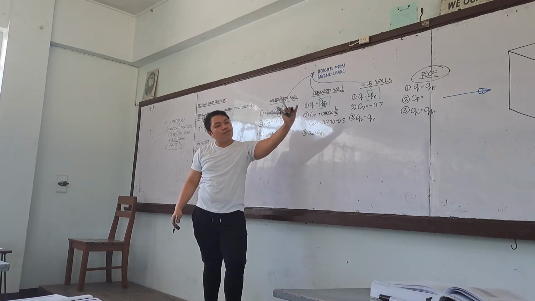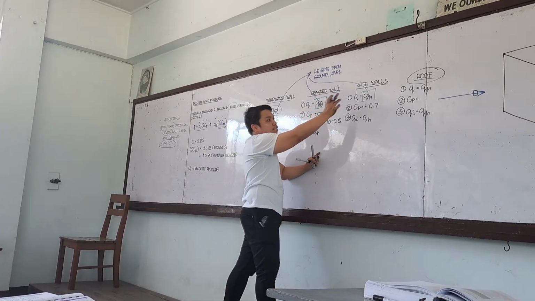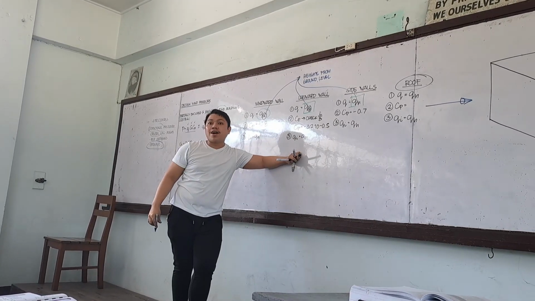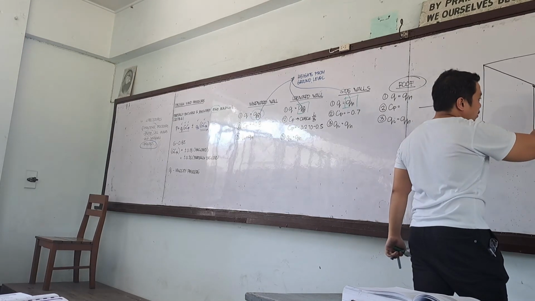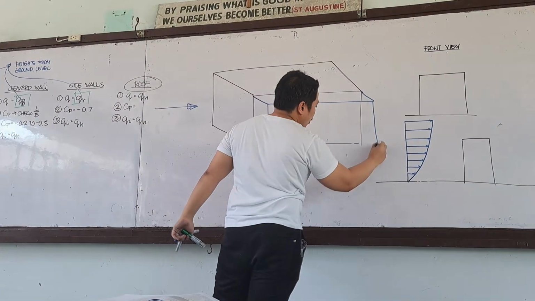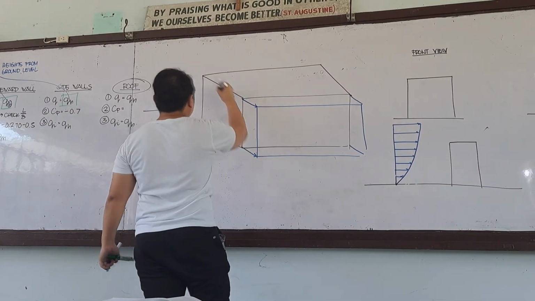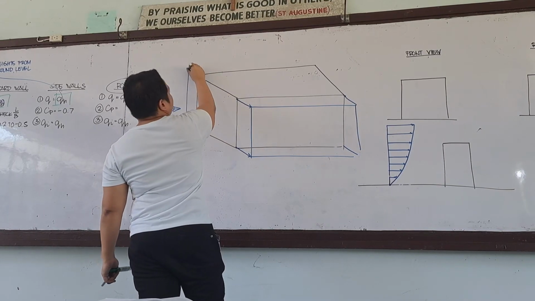Whatever value you get for the mean roof height, for your leeward and side walls, the qh is fixed. It does not vary. That's why the load for our side walls, the wind pressure on the side walls, is always uniform.